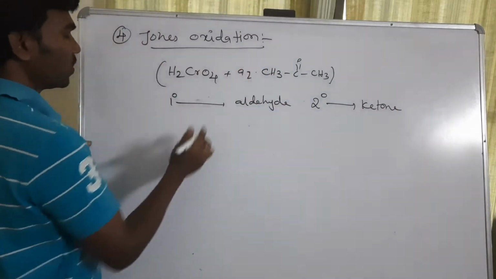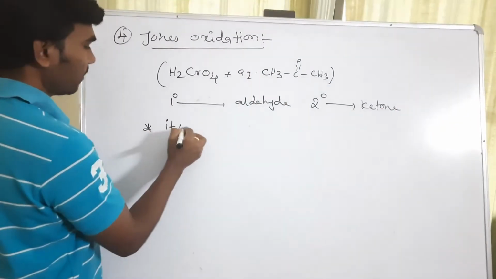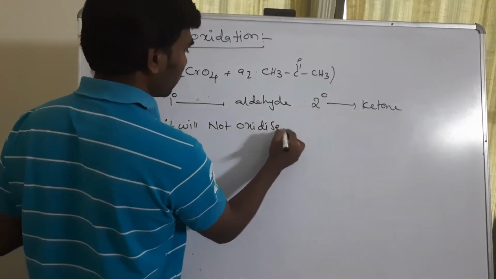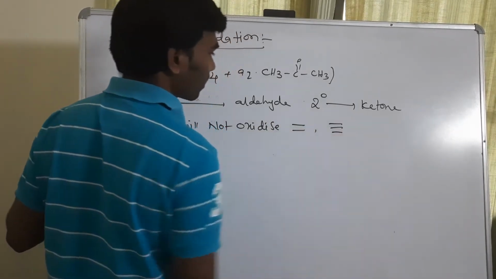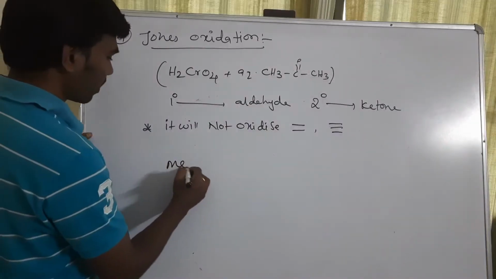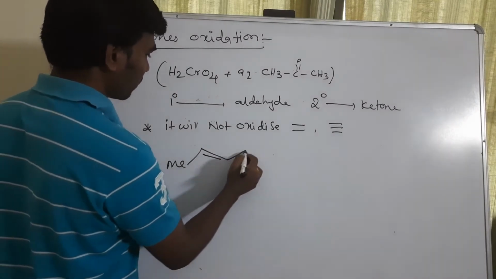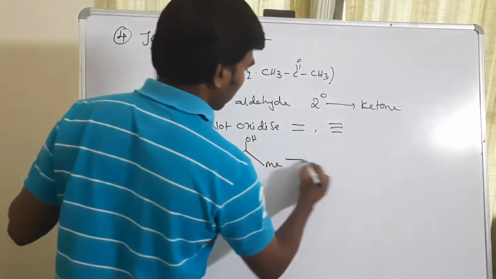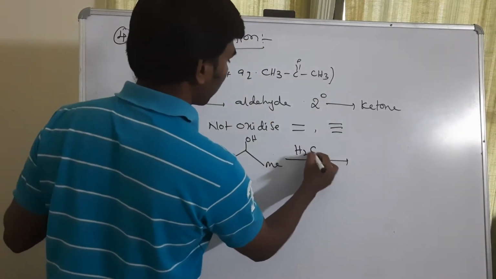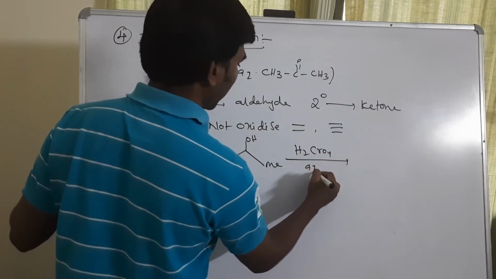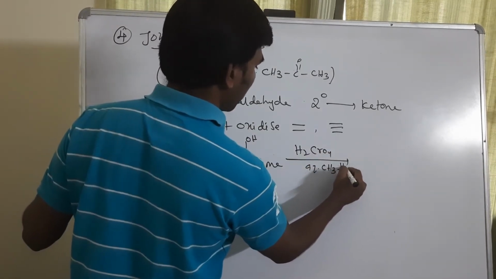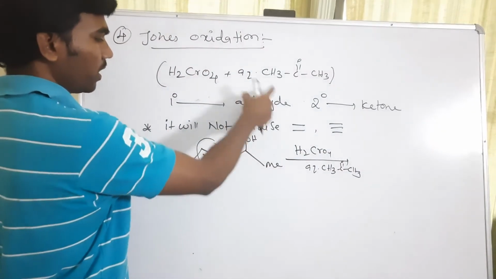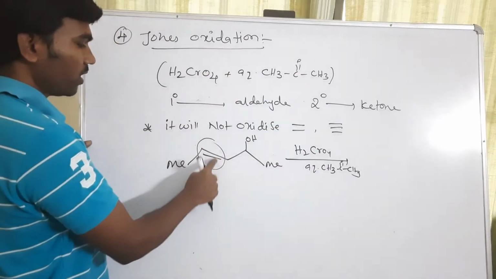What is the speciality of this Jones oxidation? It will not oxidize double bond and triple bond. For example, one alcohol is there like this. If I am using H2CrO4 in presence of aqueous acetone, whereas another oxidizing agent may influence this double bond also, this Jones oxidation will not disturb the double bond.